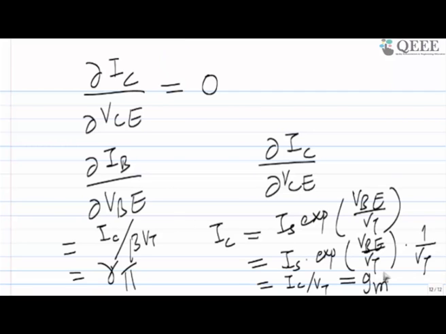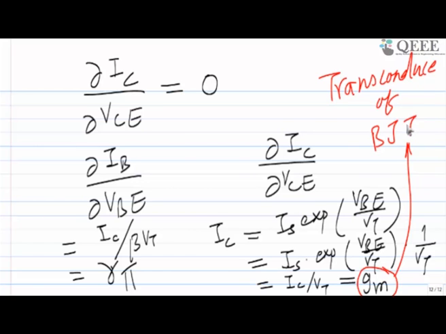This GM is known as transconductance of the amplifier, or transconductance of the BJT. When your BJT acts as an amplifier, you can call it transconductance of amplifier, and this is pi resistance. For simplicity we replace it with one symbol, which is R pi, which is IC by beta VT.